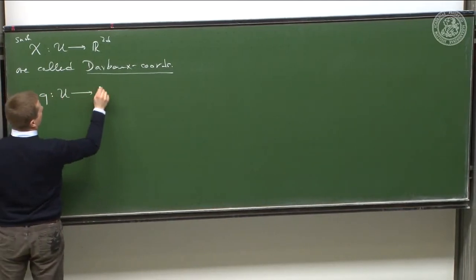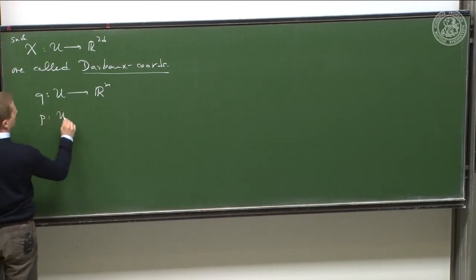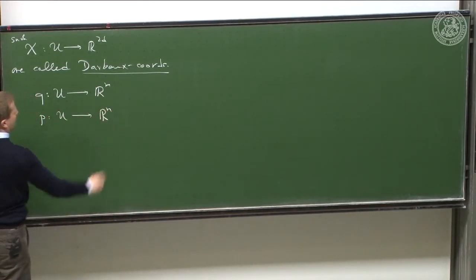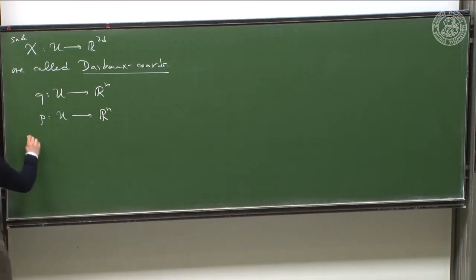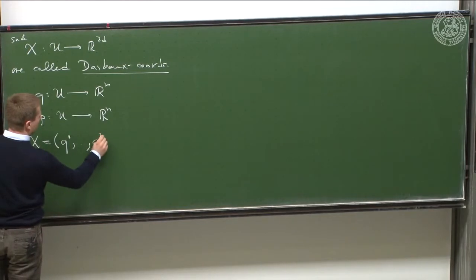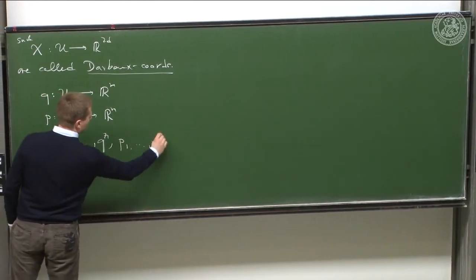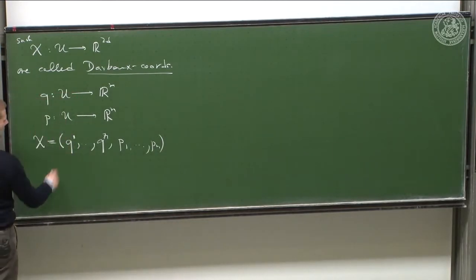One half of them you call Q, and the other half of them you choose to call P, such that the Darboux coordinates are Q^1 to Q^n, and then P_1 to P_n.